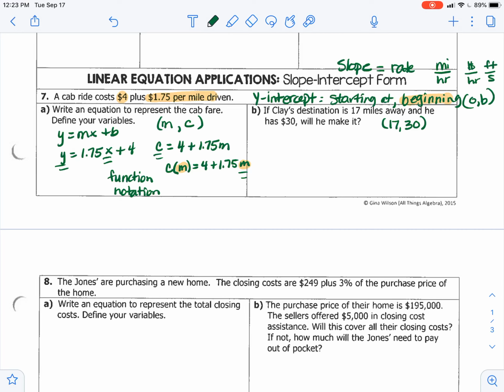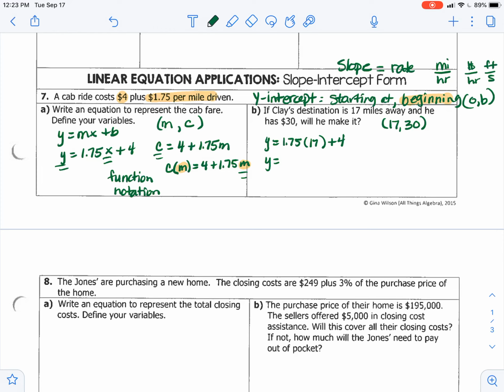And so the question is, will he make it? It doesn't matter which way you do it. If I put in my 17 miles, what I'm really wanting to know is, will that equal 30 or greater than 30? But we're just going to run a multiplication on that.